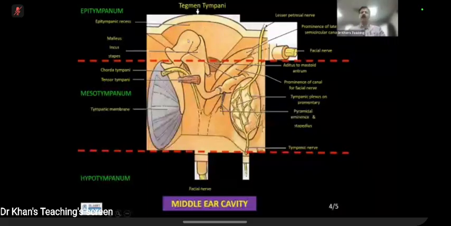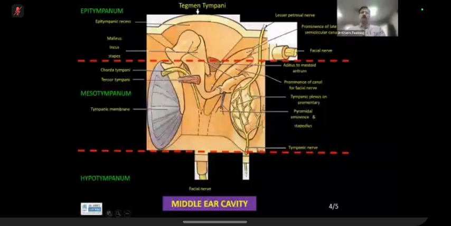Superior to that will be the epitympanum. This is the mesotympanum, also known as the middle ear cavity proper. And this is known as hypotympanum. Hypotympanum is nothing. It is just empty, just a trough in the floor, nothing more than that. So don't worry about it. Just remember that below the hypotympanum will be the jugular foramen.